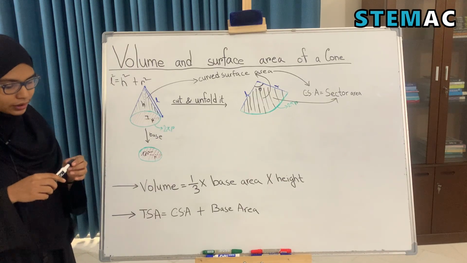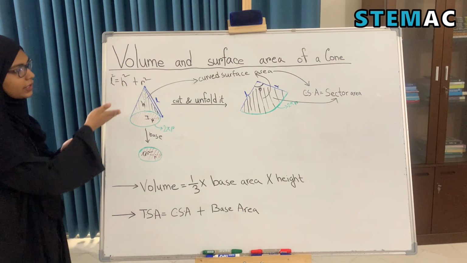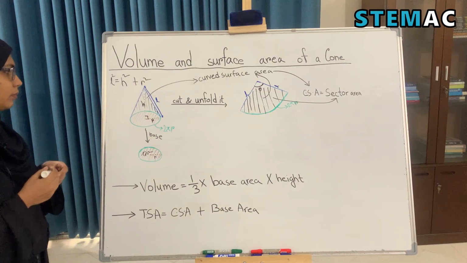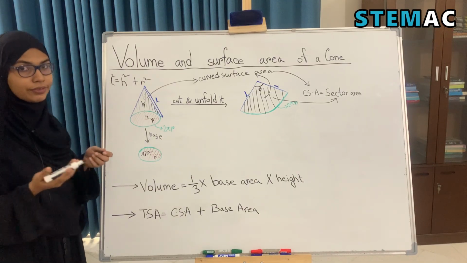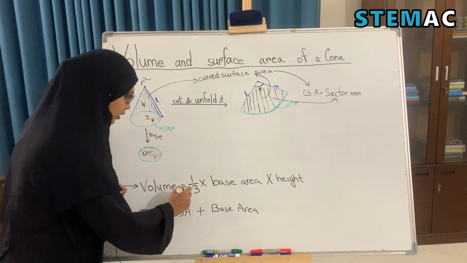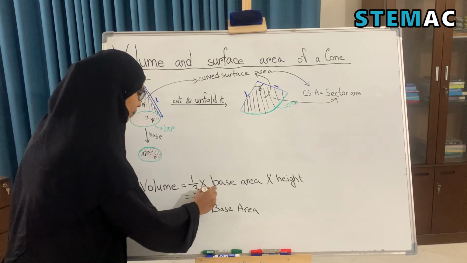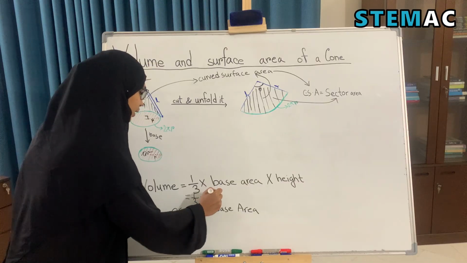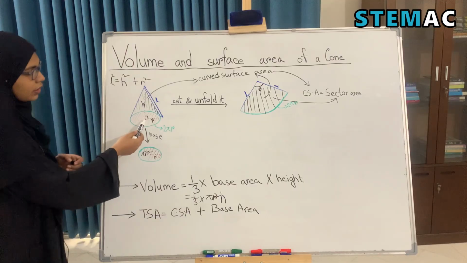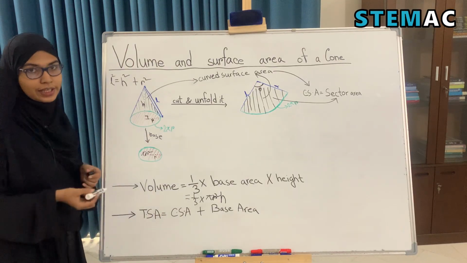But here in cone there are no triangular lateral faces. That is the difference of the cone with the pyramid. So we can write volume equals 1/3 pi r square h, where r is the radius of the base of the cone and h is the vertical height of the cone.